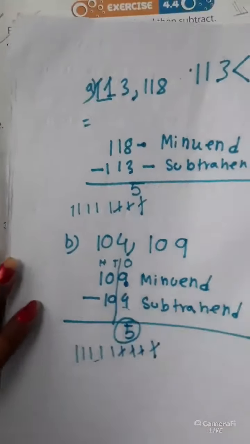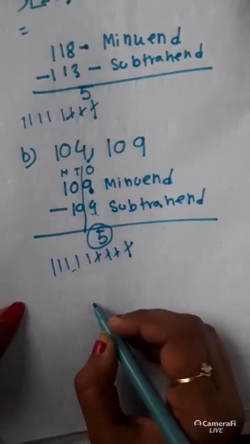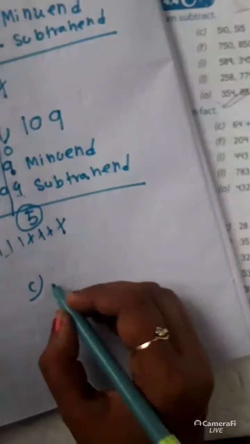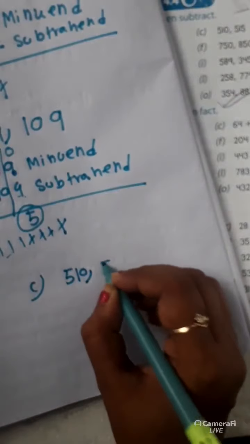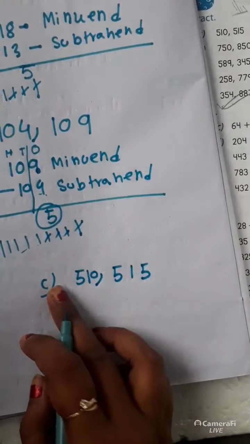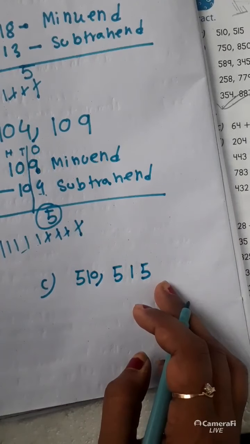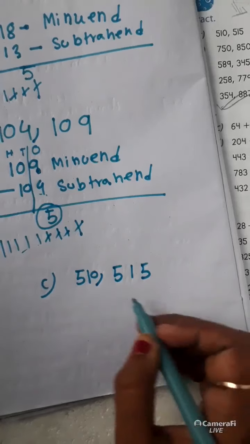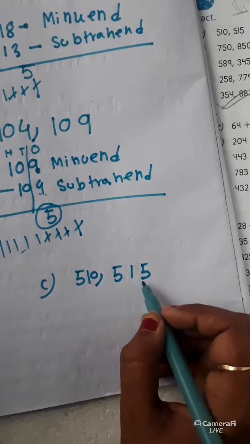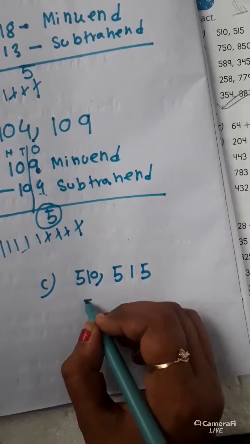Now the next one is number C. The question is 510, 515. Which one is the bigger valued number? Is 510 the greater number or is 515 the greater number? Of course, 515 is the greater number.